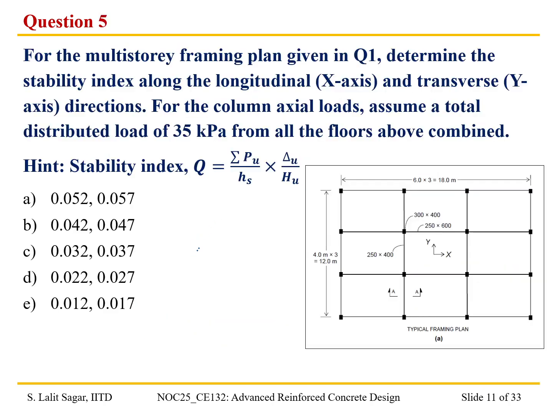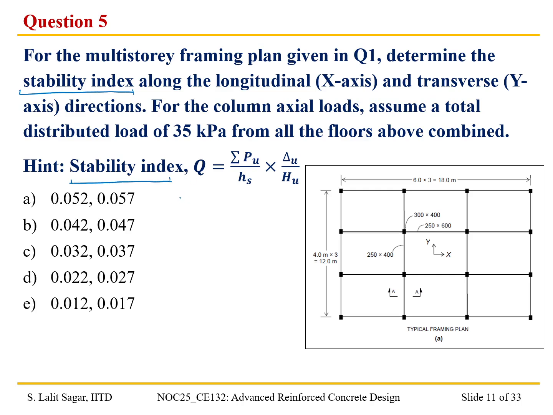Once you have determined the value of delta U by HU, determine the stability index of the framing plan along the x-axis and the y-axis. Why do we determine the stability index? We look at it at a later stage also.